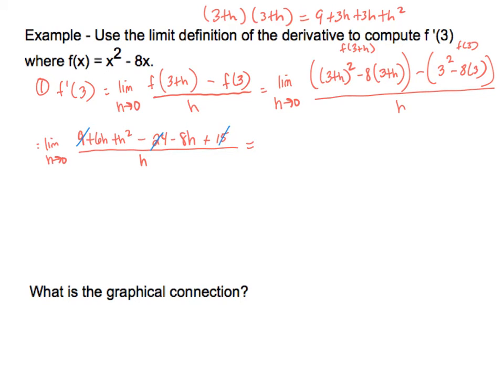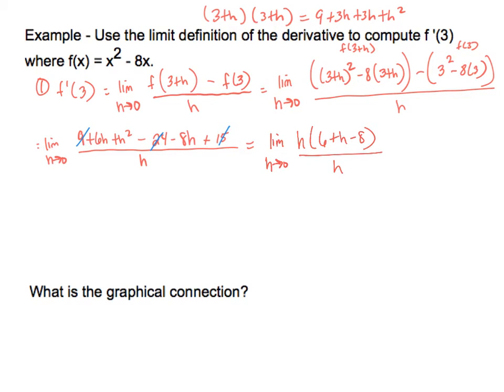And every remaining term does have an h in there, which means that I get to factor an h out of the numerator, leaving me with 6 plus h minus 8. Okay. Divided by h.